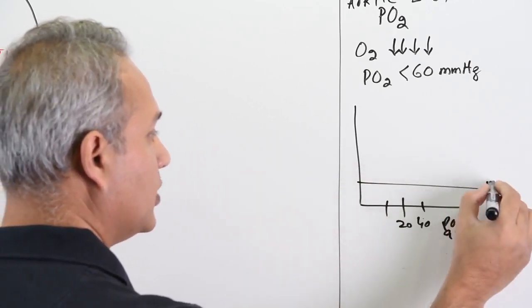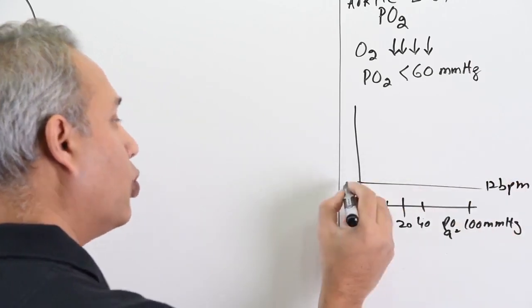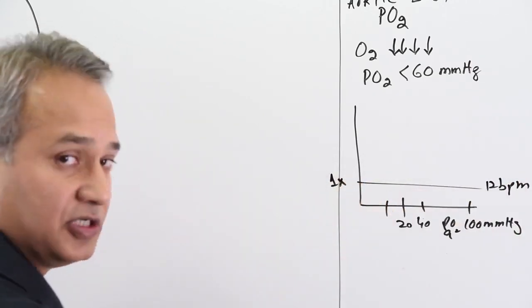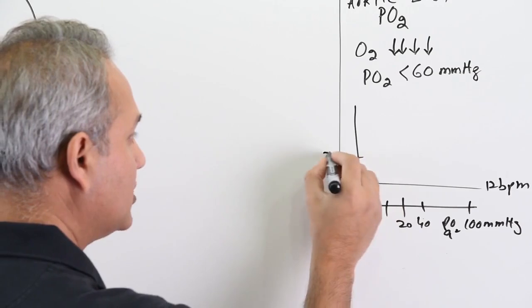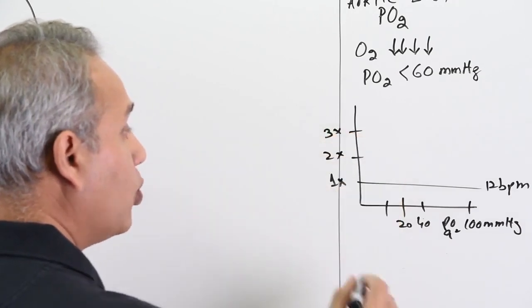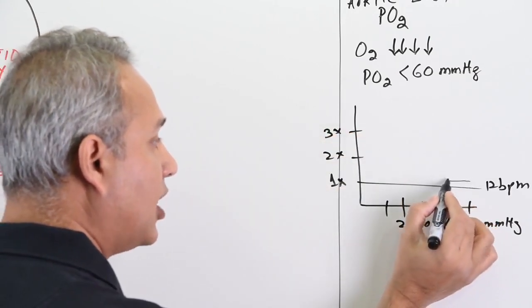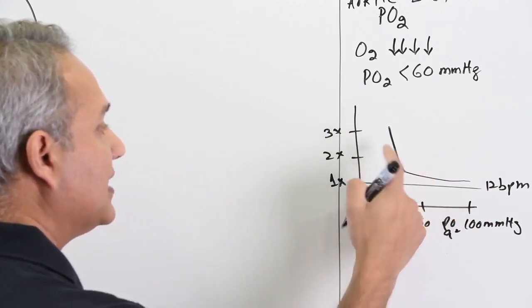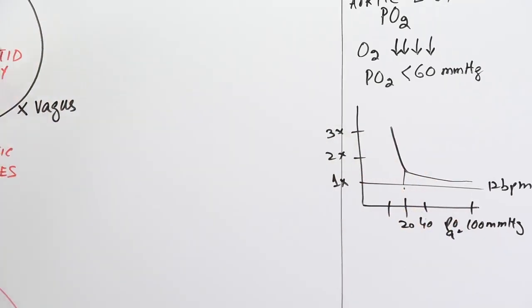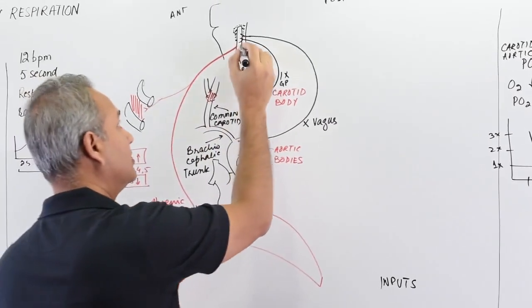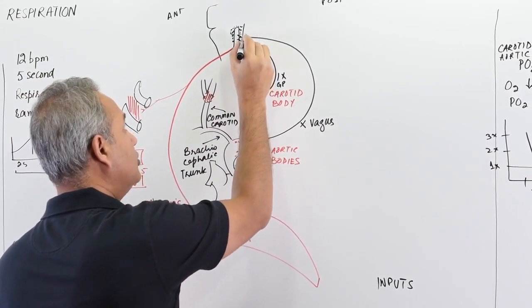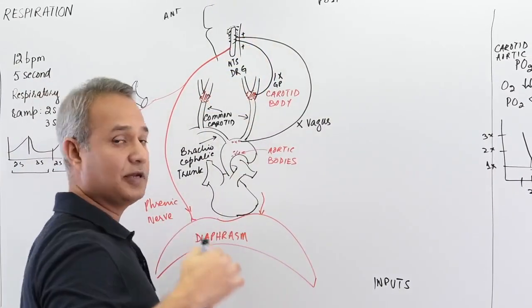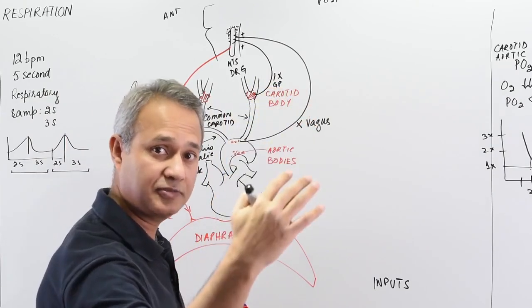So this is 12 breaths per minute or 1x respiration, this is 2 times, this is 3 times. When the pressure of oxygen drops to 20, that is when the peripheral chemoreceptors trigger the dorsal respiratory group and bring the respiration to 3 times the rate.